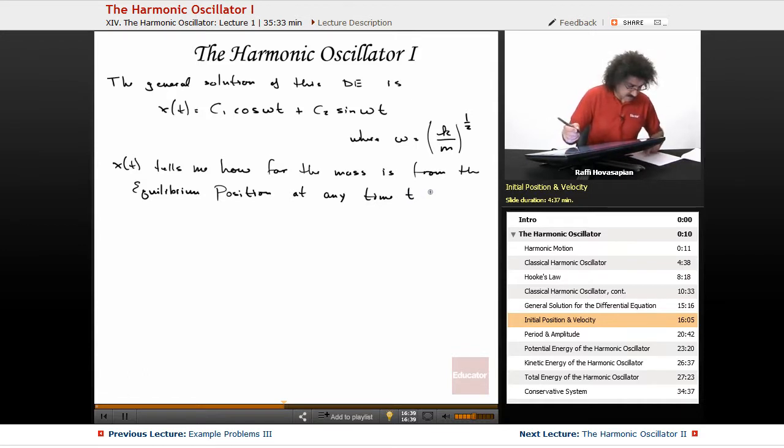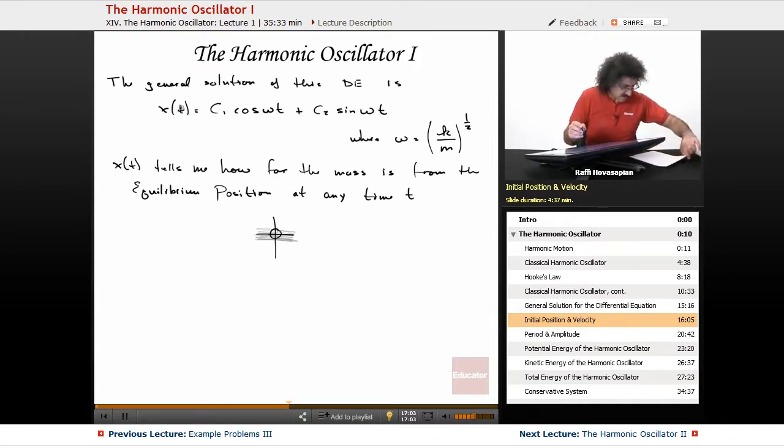That's it. Okay? So you have this mass and equilibrium position. If I pull it and let it go, it's going to just bounce back and forth, back and forth, oscillate. This equation tells me how far from the equilibrium position it is, x at time t. That's all I've done.